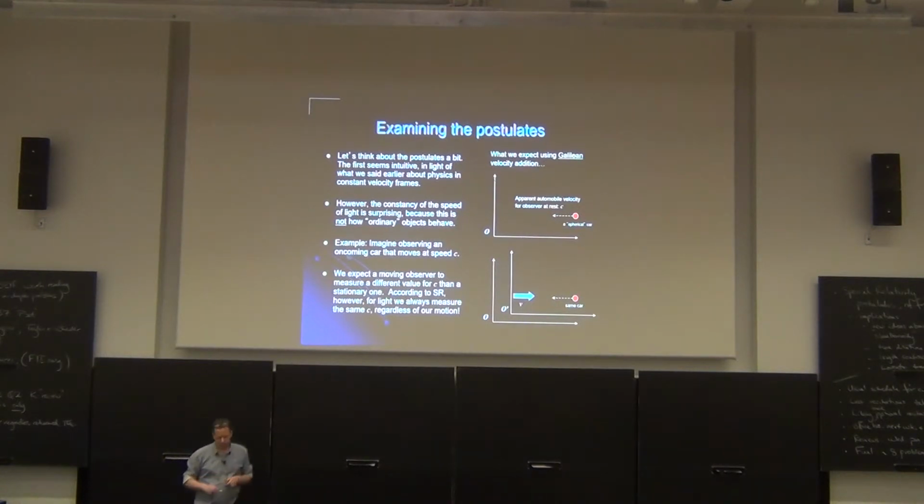So if we were imagining this from our Newtonian, Galilean perspective, what would you expect if you were an observer in this O prime reference frame? You're moving towards this object with a speed v, and it's coming towards you with a speed c. The choice of c here is just suggestive rather than necessarily being the speed of light. What would you expect to be the apparent approach speed of that car in the prime reference frame?